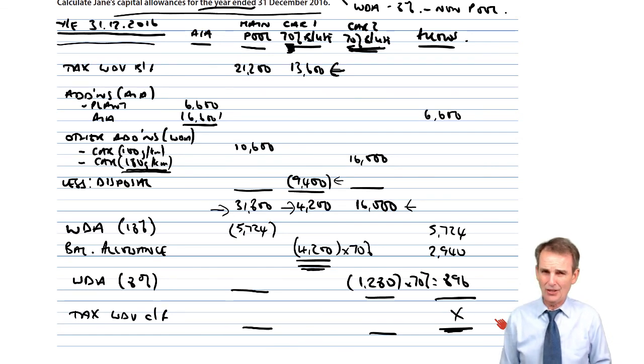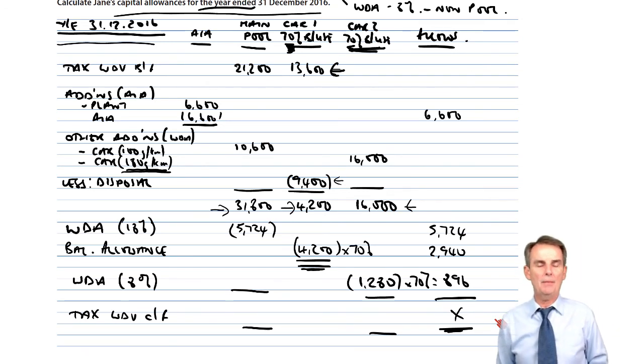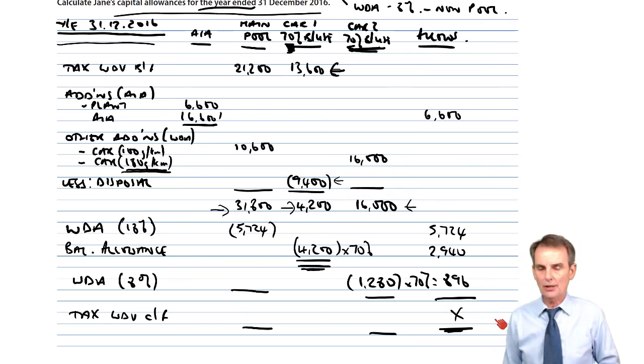To a far lesser degree, and has become less important as the rules have been changed and amended over the years, we've got a category of asset known as short life assets. Again, there's a lot of notes that relate to it, but it's a relatively small area.